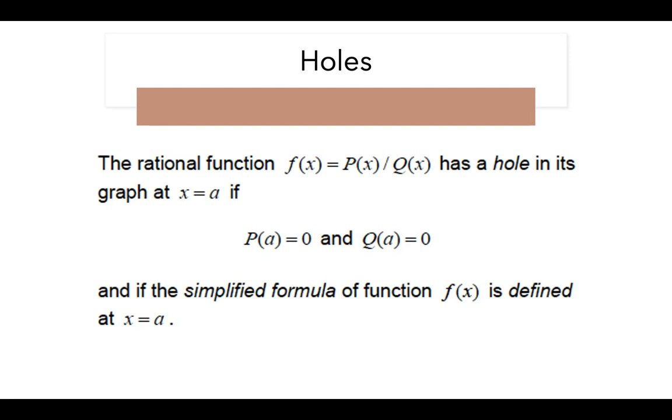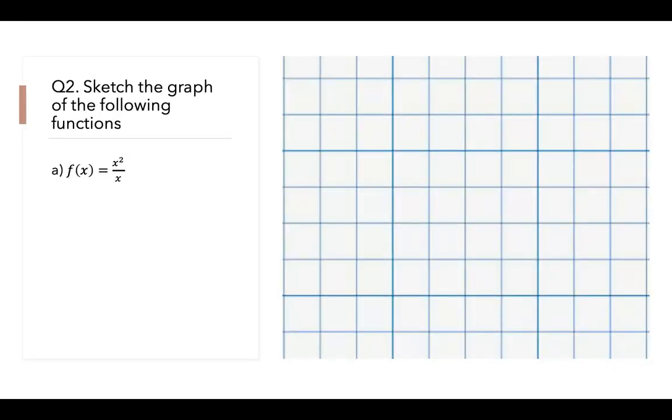Next, holes. If you're given a rational function, there may be a hole at x equals a if, when a is plugged into the numerator, it gives you 0, and in the denominator it also gives you 0. Another way to simply remember this is that if you can factor and cancel out the numerator and denominator, it's going to be a hole. Let me show you what I mean. Let's say we are given f(x) = x squared over x.